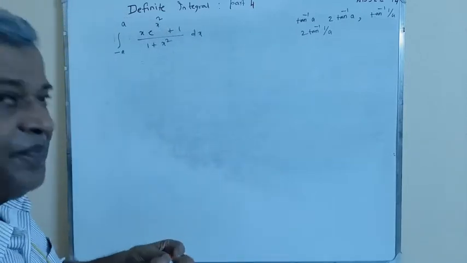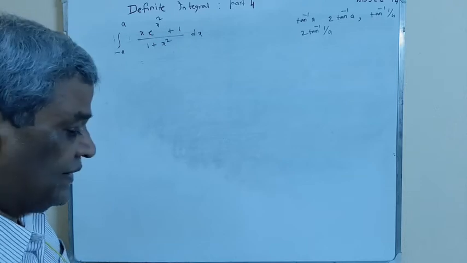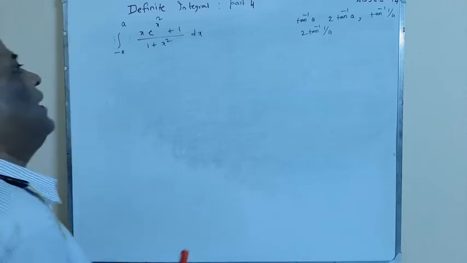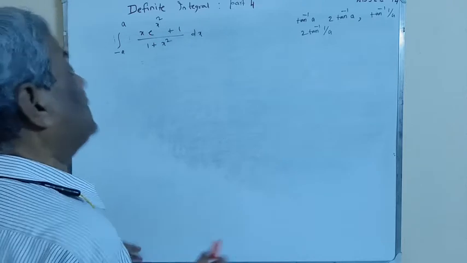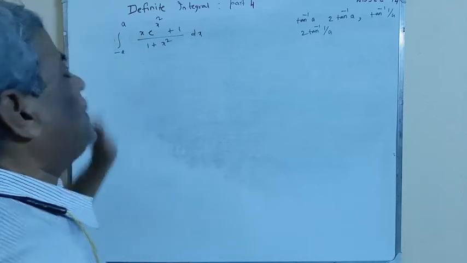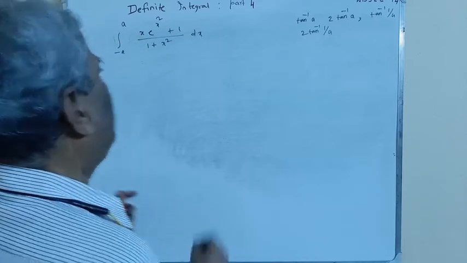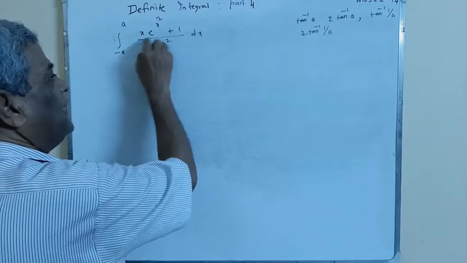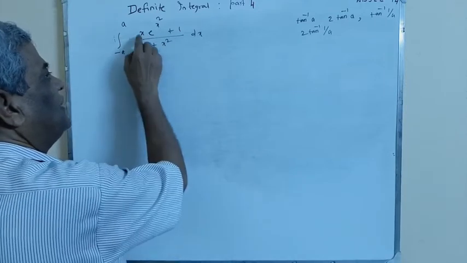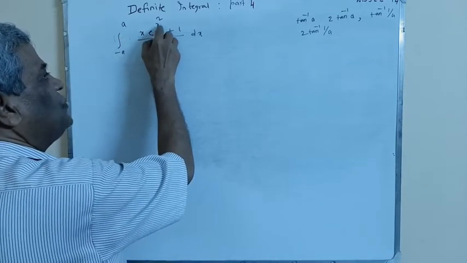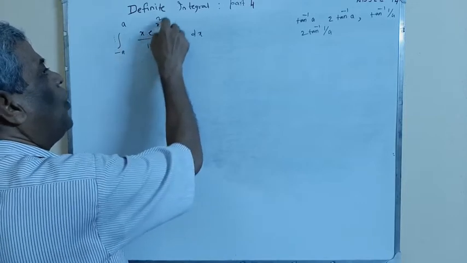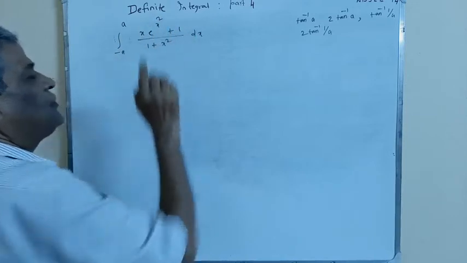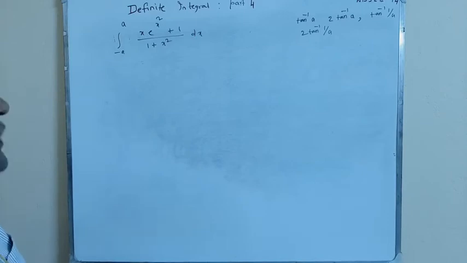Interval is symmetric. So, as the interval is symmetric, let's see whether it is an odd function or even function. Denominator is even function. This is odd, this is even. So this part is odd function, this is constant, so not odd, not even.